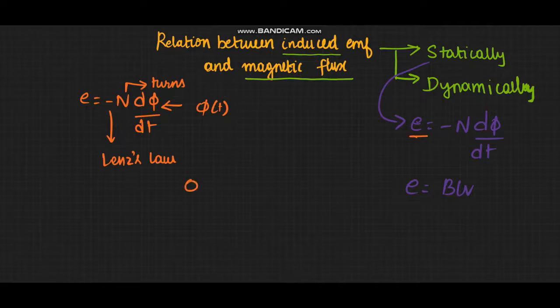Let's assume the time variant magnetic flux is denoted something like this, where phi m is my maximum magnetic flux value, and say my magnetic flux is varying sinusoidal in nature.